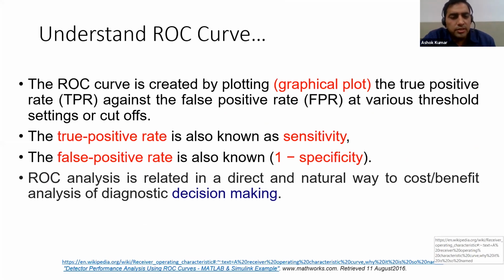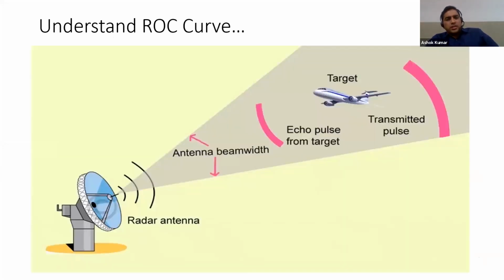ROC analysis is related in a direct and natural way to cost-benefit analysis of diagnostic decision making. We have to use this daily in medicine also, like diagnostic decision making with test kits. So to understand the ROC curve, you have to understand this.